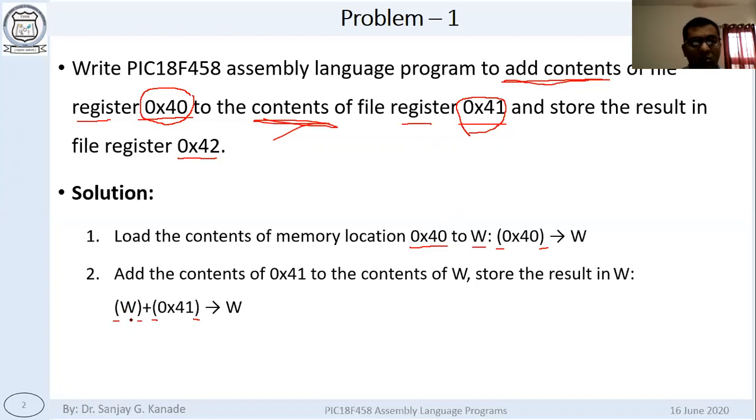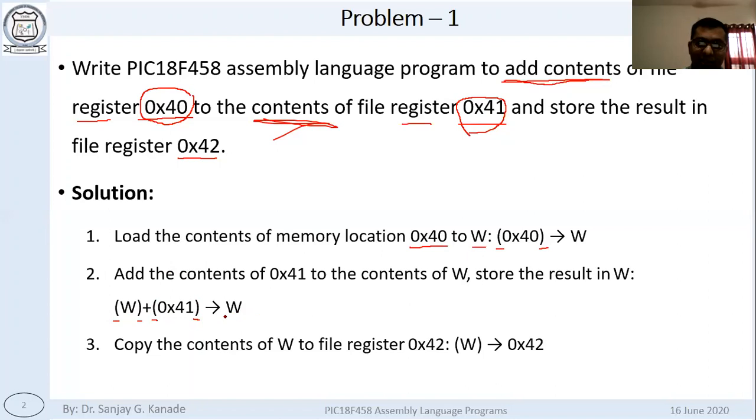In the first register, what we have, because of the first step, contents of 0x40 are already copied to W. So in W we'll have the value from this location, and here, since again we have round brackets around 0x41, the contents of this location will be added to contents of W, and the result will be stored in W.